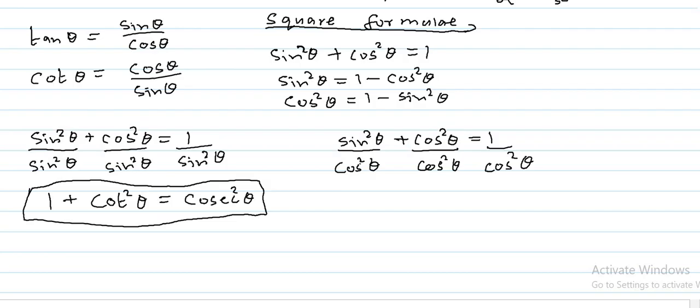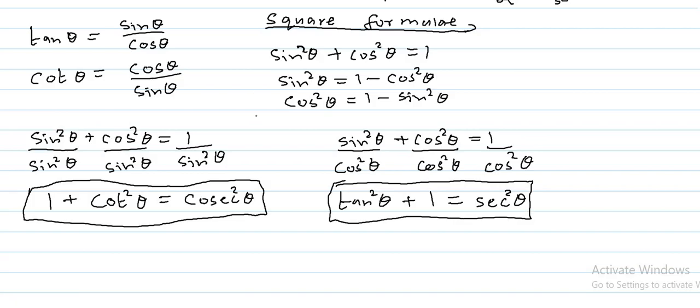Sine squared theta over cos squared theta, sine over cos is the same as tan squared theta, plus cos squared theta divided by cos squared theta, which is 1, will be equal to 1 over cos squared theta. 1 over cos is the same as sec. If it is squared, it becomes sec squared theta. This is another identity.